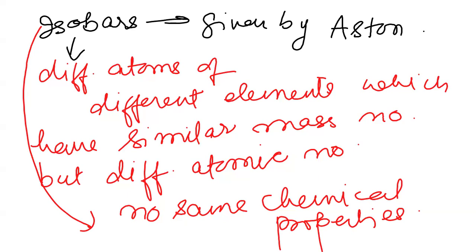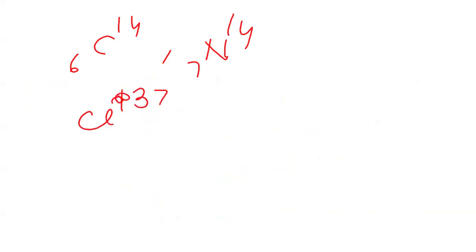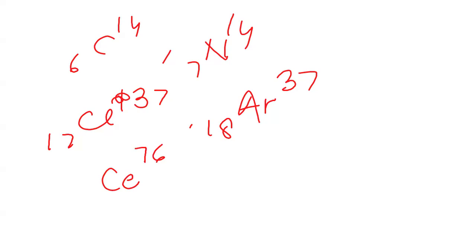What are those elements? You can write down. Carbon is 14, 6. You have nitrogen also 14 and 7. Then you have chlorine 37 and 17, then you have argon 37 and 18. Then you have selenium 76 and 34, and germanium 76 and 32.